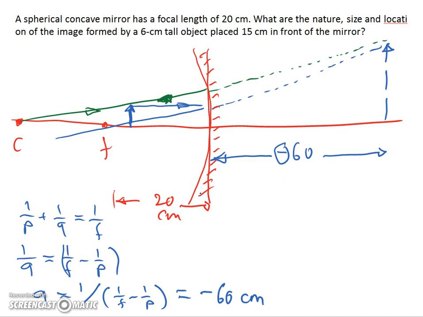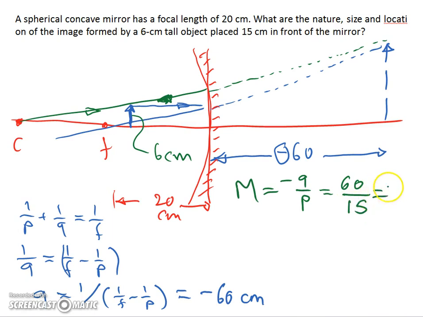The other thing we would like to know is how high the image is. We actually know that the object has a height of 6 centimeters, and we also know that magnification is given by minus q over p, which in this case is minus minus 60, which is 60, divided by p, which is 15.